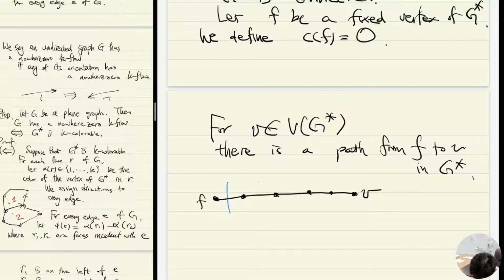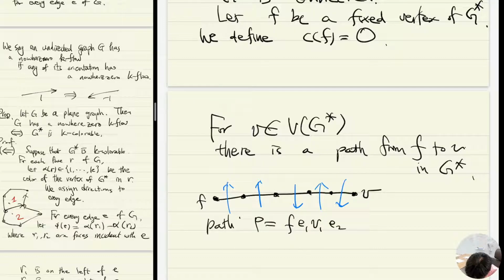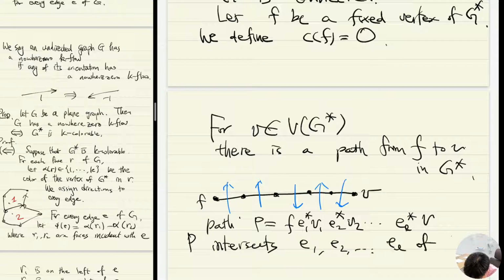Now in G, those edges are actually crossing edges of G, with certain directions. So let's say the path P is F, E1*, V1, E2*, V2, and so on, E_L*, V, and P intersects E1, E2, ..., E_L of G.